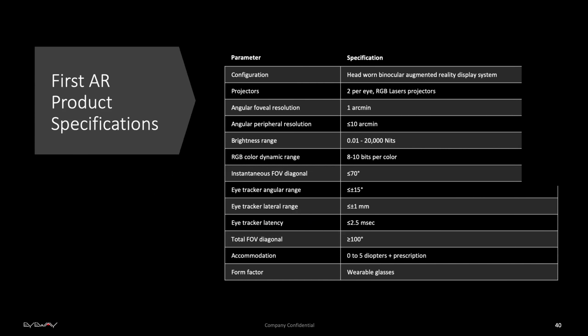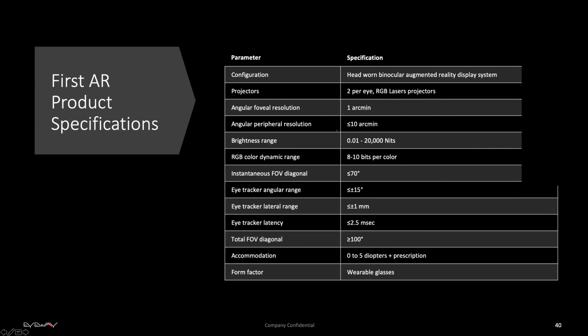So we are talking about a head-worn system. At the first stage, it will be 2 RGB laser projectors per eye. In the future, it will be reduced to 1 more complex, more efficient projector per eye that will be able to do the foveal and the peripheral projection. The angular foveal resolution is 1 arc minute.